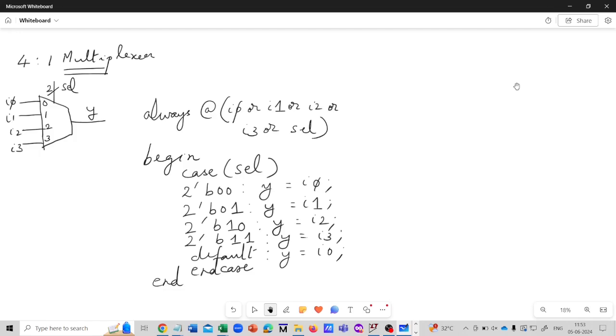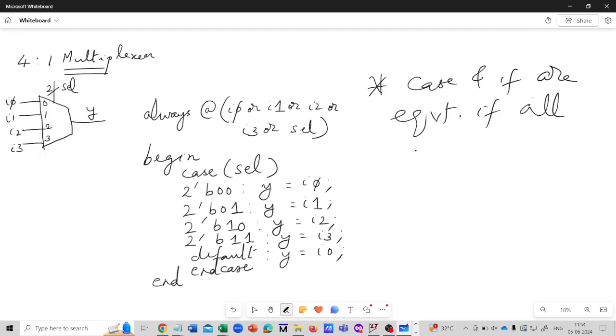And from the synthesis point of view, the if then else block will synthesize into the same module as the case statement if all the conditions are non-overlapping, which means a case and if are equivalent if all conditions are non-overlapping.